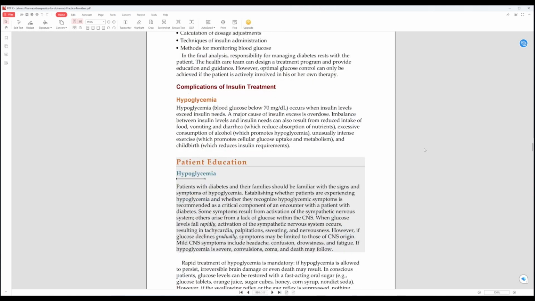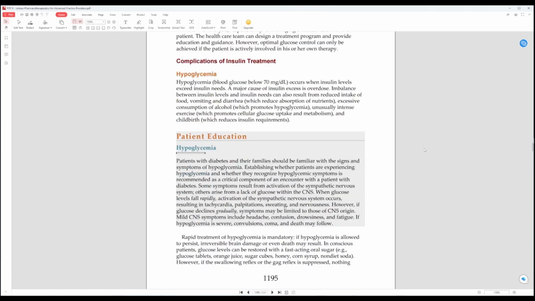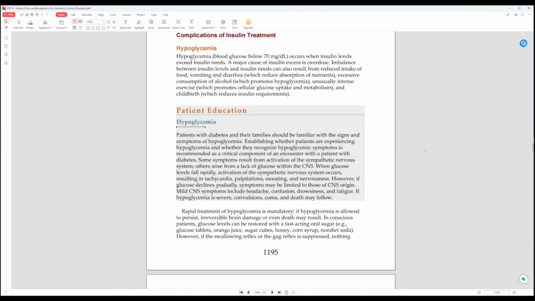So, complications of insulin treatment. The most common one would be hypoglycemia. Hypoglycemia, which is when a blood glucose level drops below 70, occurs when the insulin levels exceed insulin need. A major cause of insulin excess is overdose.